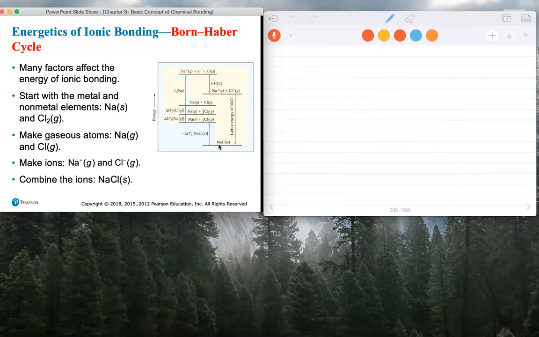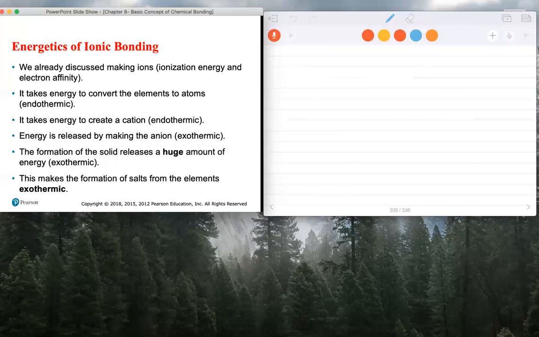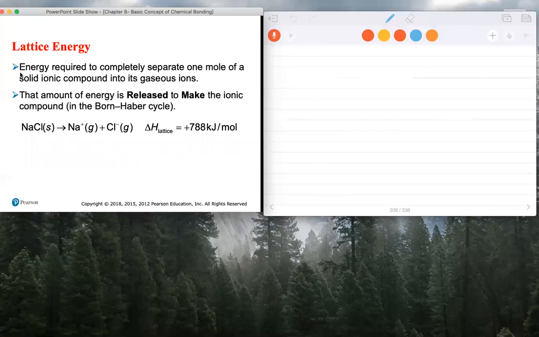For example, here is sodium chloride. It is solid, a crystal structure. The amount of energy required to split sodium from chlorine into respective sodium and chlorine in gaseous state is what we call the lattice energy.